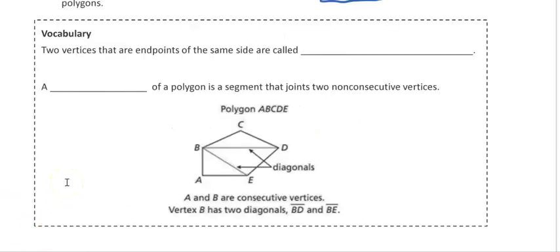All right, two vertices that are endpoints on the same side are called consecutive vertices. So for example, on this image shown below, A and B are consecutive vertices. They form the endpoints of the side AB.